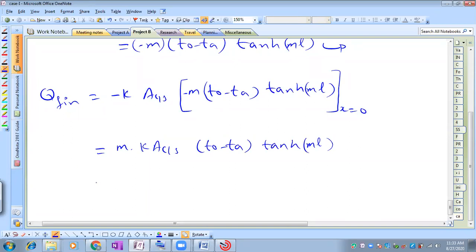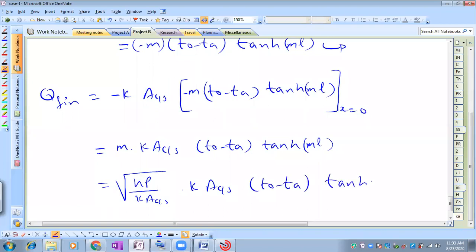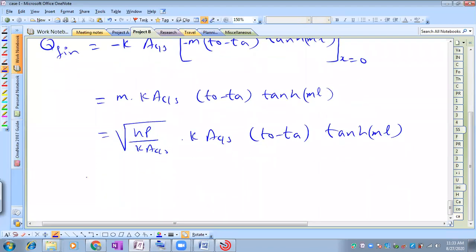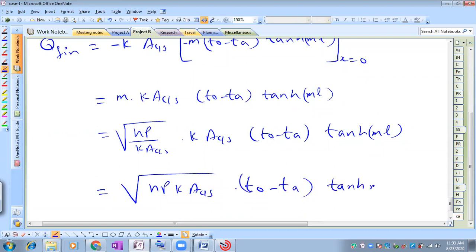Clear? So if I substitute m equal to under root of hP upon k A_cs into k A_cs into (T0 minus Ta) into hyperbolic tan of mL, and further simplify, I get under root of hP k A_cs into (T0 minus Ta) into hyperbolic tan of mL.